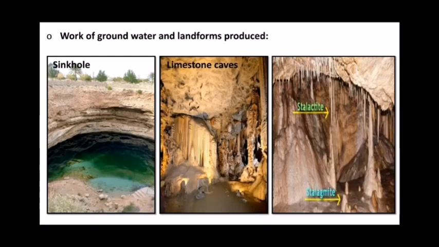Next is the work of groundwater and the landforms that are produced because of groundwater. So children, the rainwater seeps below the earth's surface through porous rocks. What are porous rocks? Rocks which develop tiny holes in them.